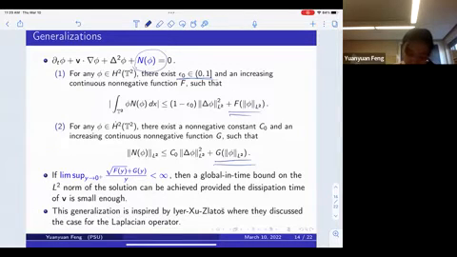This generalization is inspired by the paper by Yao, Xu, and Zlatos, where they discussed the case for the Laplacian operator.